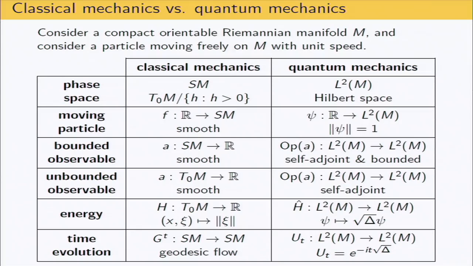So the mind-boggling picture of quantum mechanics is that this L2 space encodes the whole classical phase space, not only the underlying M, but even the speed information. And the key to this encoding is the Fourier duality, which corresponds to the duality of position and momentum in classical physics. So we have this quantization op-A.